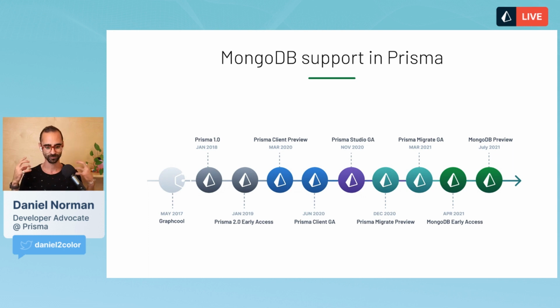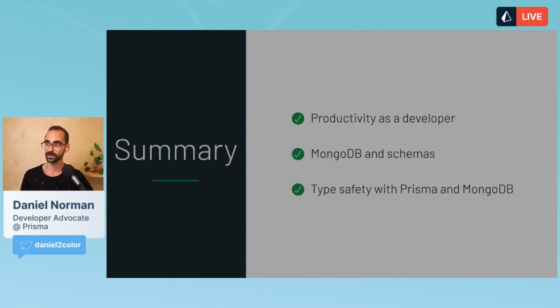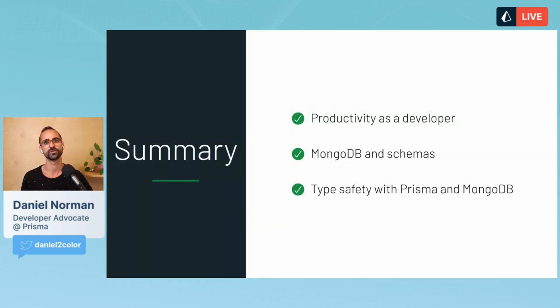And so we plan on moving really forward with all of these things, and this is also where you come in. So if you are interested in this, I would highly recommend you to check out the Prisma MongoDB connector and provide us feedback. That way we can address these quickly and bring the MongoDB connector to GA.